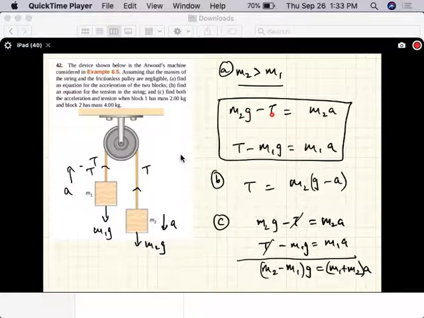This equation tells you tension is M2g minus M2a.